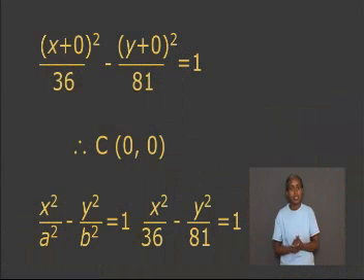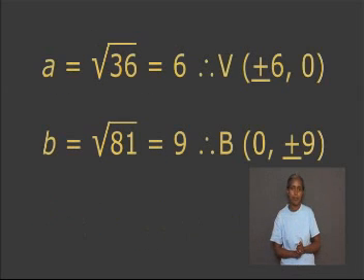Since there is no value given for h or k, we know that the center of the hyperbola is at 0, 0. According to the hyperbola equation, we can determine that a is equal to the square root of 36, which is 6.